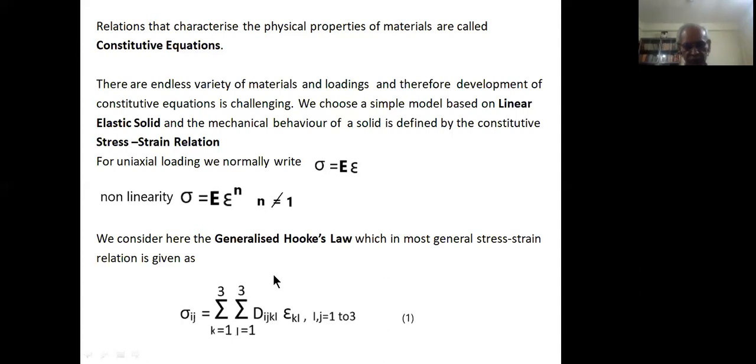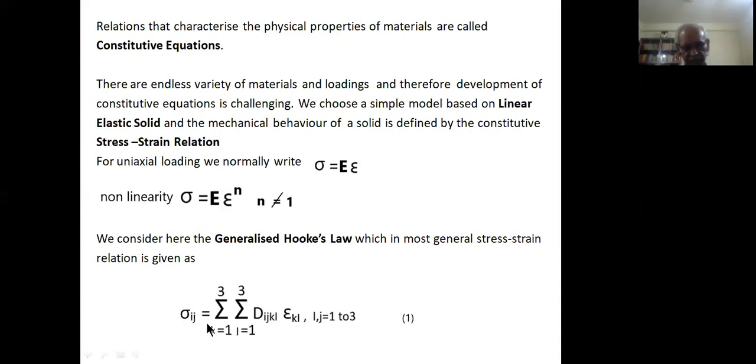So to summarize, the constitutive equation for the stress-strain relation, or the generalized Hooke's law, is simply: the stress tensor is related to the strain tensor by a constitutive tensor.